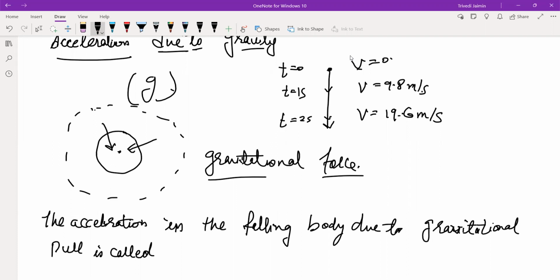No, it's called acceleration due to gravity. See, actually it's 9.8 meters per second square.